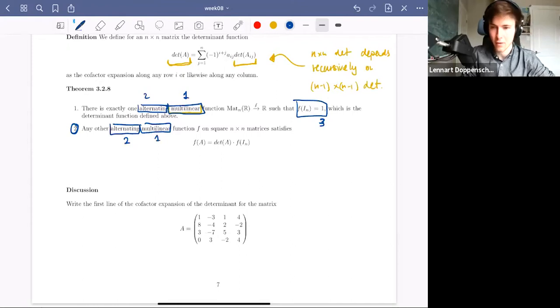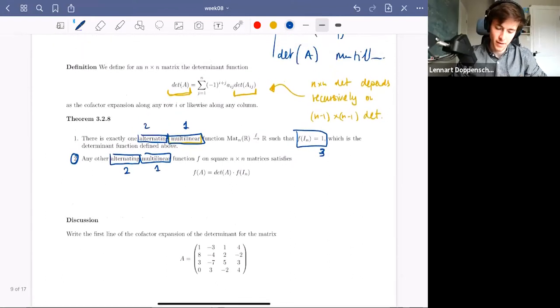If you evaluate it on an n by n matrix A, its value is a multiple of f applied to the identity matrix, and this multiple is exactly the determinant of A.